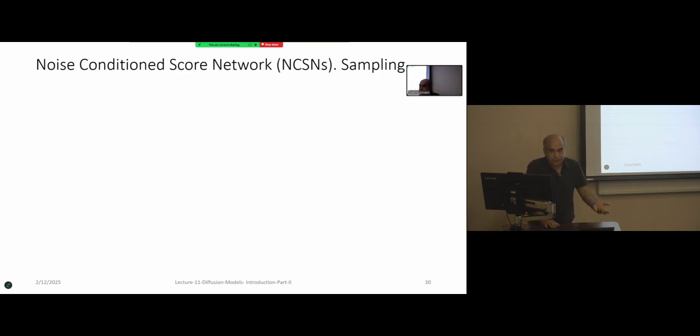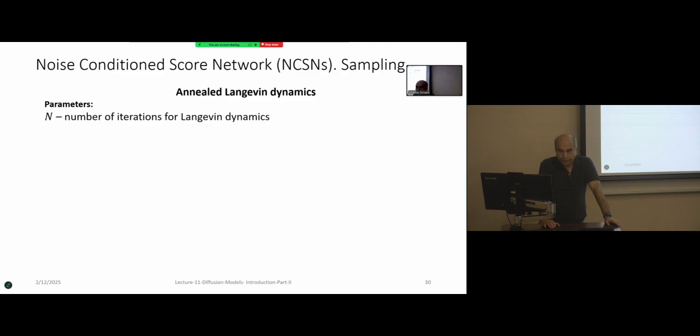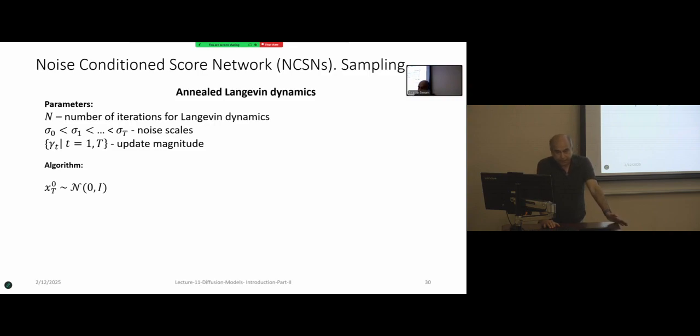Now, once it's trained, you can sample from it. You generate noise and generate a sample. It is annealed because we have different levels of sigma. We are slowly changing the sigma value, and we have a number of iterations. We have sigma 1 to sigma T, and we sample x0 from a normal distribution and go through these two loops.